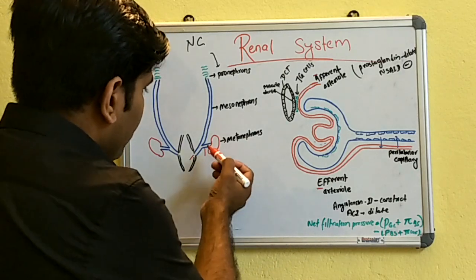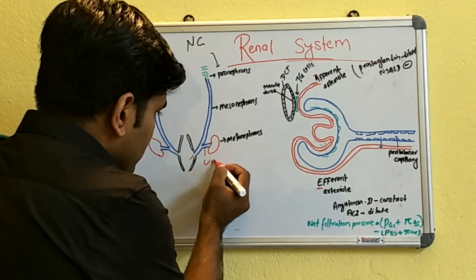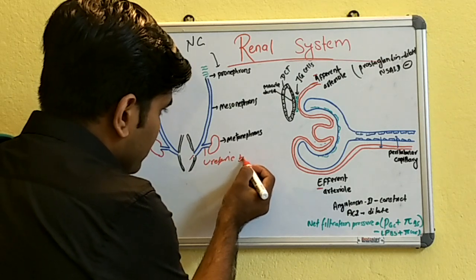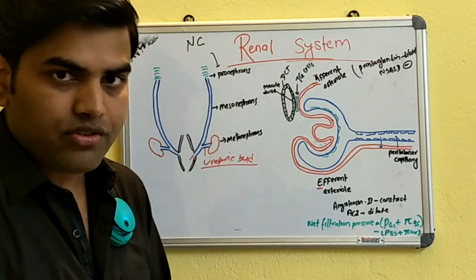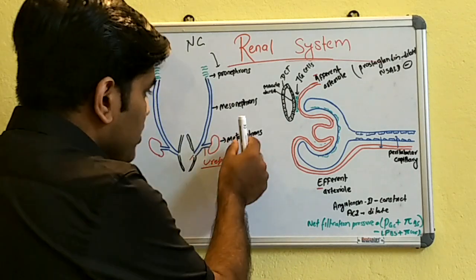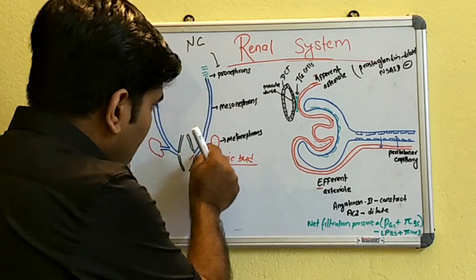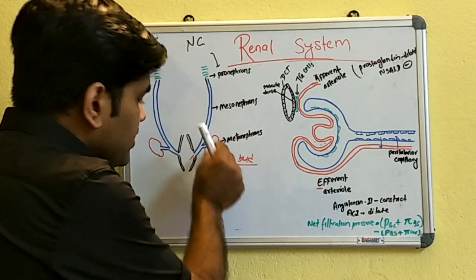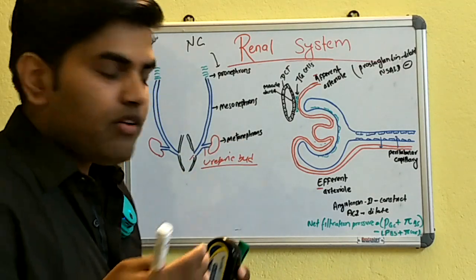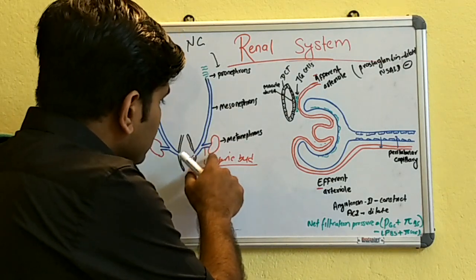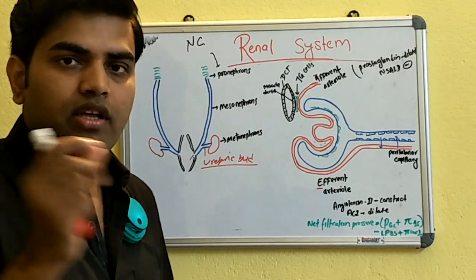Let's focus on this ureteric bud. When it combines with the metanephros, the metanephric mesenchyme, that is the metanephric blastema, and they interact in a proper fashion, it leads to the development of the collecting system in the kidney.